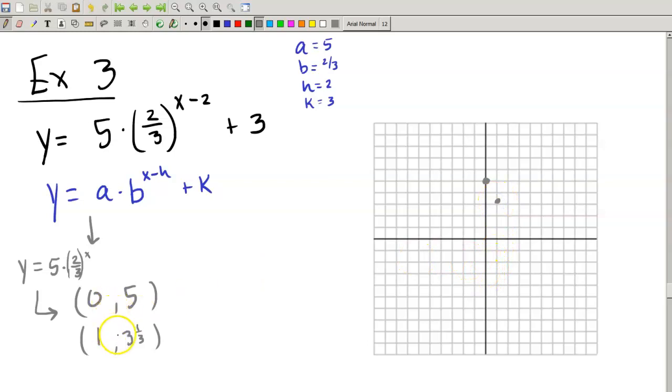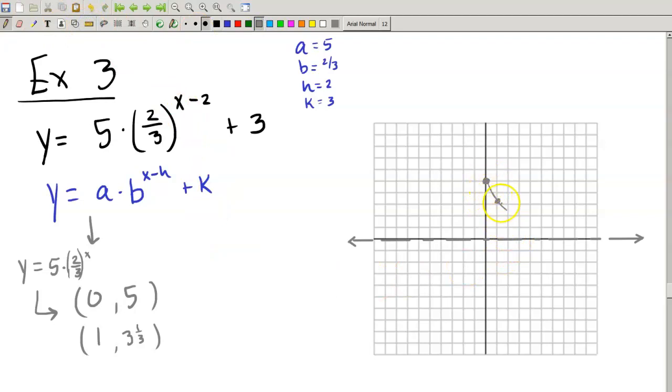We also know that this graph is going to have an asymptote at 0, right? It's always going to be 0 if our k value is 0, which is what we're assuming for this first graph. So my asymptote for this first base graph is at 0, and if I were to sketch this first graph, it's exponential decay.